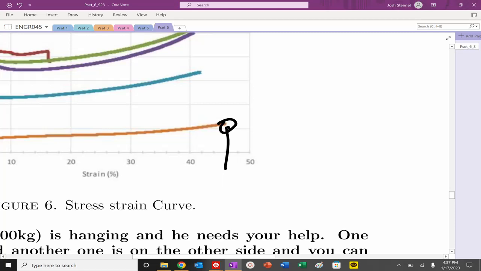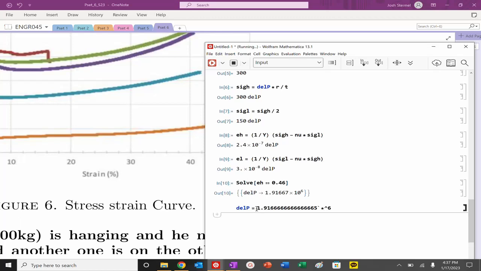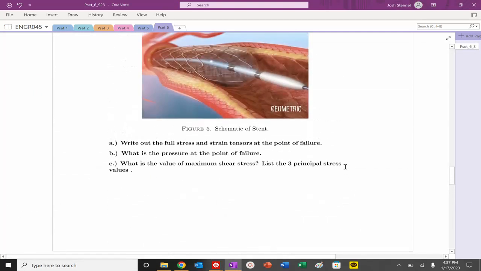Let's say 0.46. Not a huge deal. So my thin wall pressure vessel will always fail at my EH value. So EH, it will fail at a value of 0.46. So when it fails, my delta P is this.